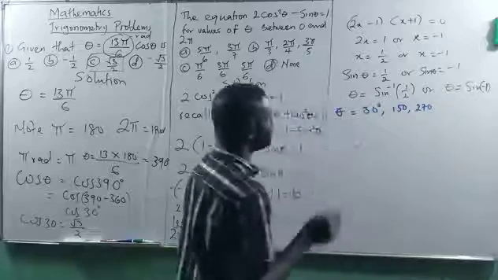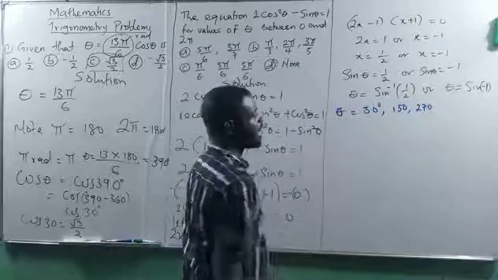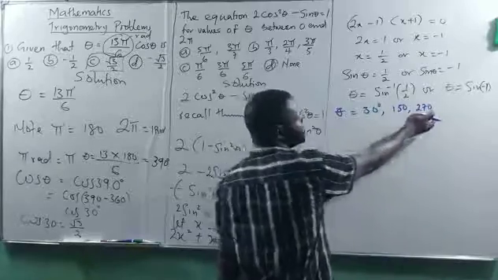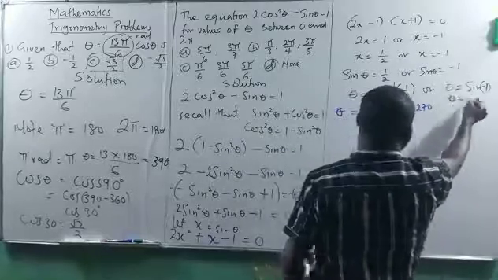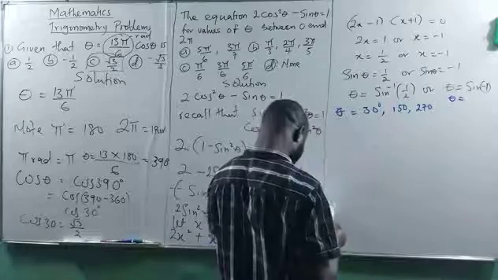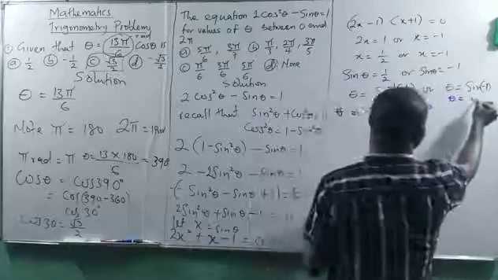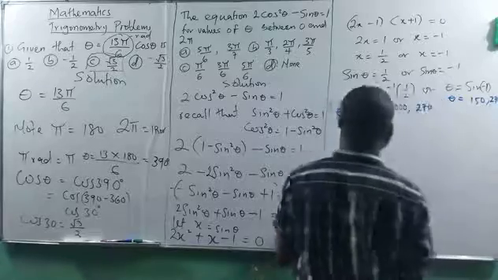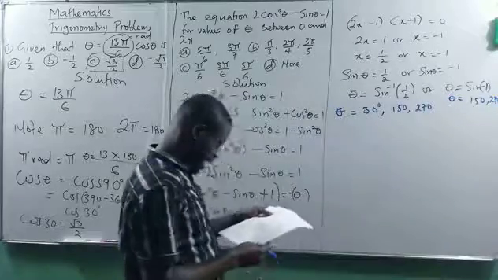At positive you have 30, at negative you have the second quadrant and third quadrant. You should know that 180 minus theta will give us 150, or 270. That is what we are talking about.